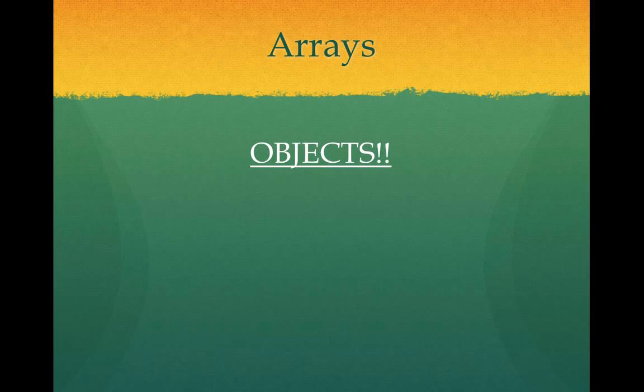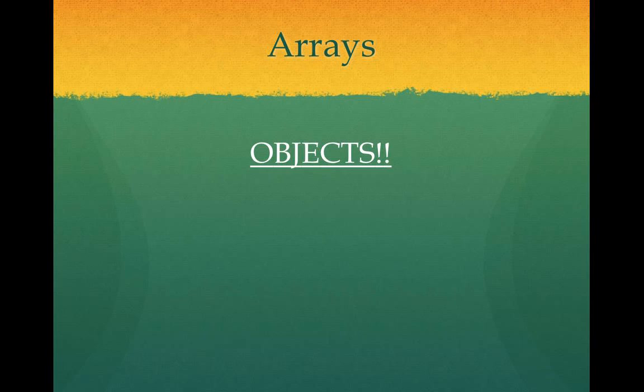So an array element must be an object, and what is meant by objects is, for example, a string. A string is an object, and an instance of any class, like the rectangle class we've done before, is an object too. So the good thing is any element can be of any object.